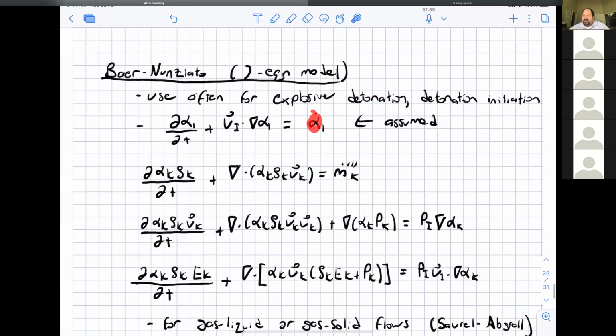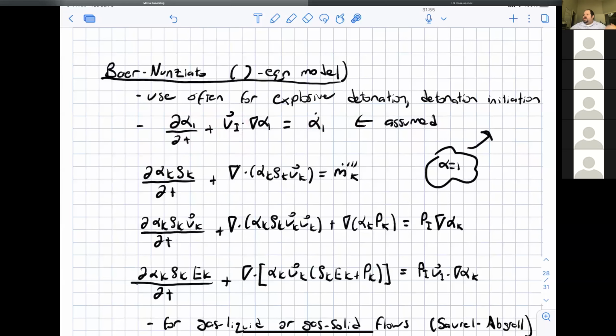If you assume that it's not reacting, it's a passive scalar, and so a cluster of a region of, say, alpha, the volume fraction, equal to 1, just moves around in space, basically passively along with v_i.